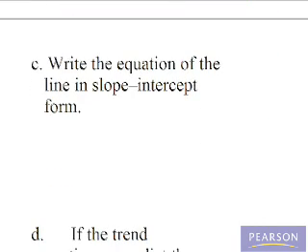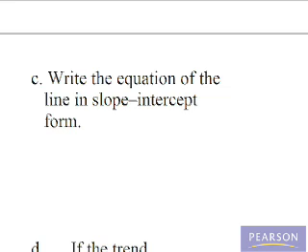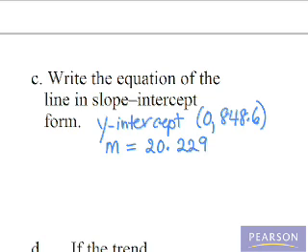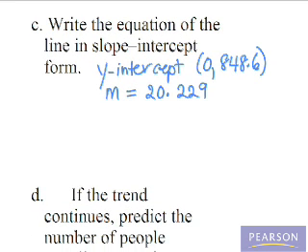That is to write the equation of the line in slope-intercept form. In this problem, because we know the y-intercept is 0, 848.6, and the slope m is 20.229, we're going to use the slope-intercept form y equals mx plus b.